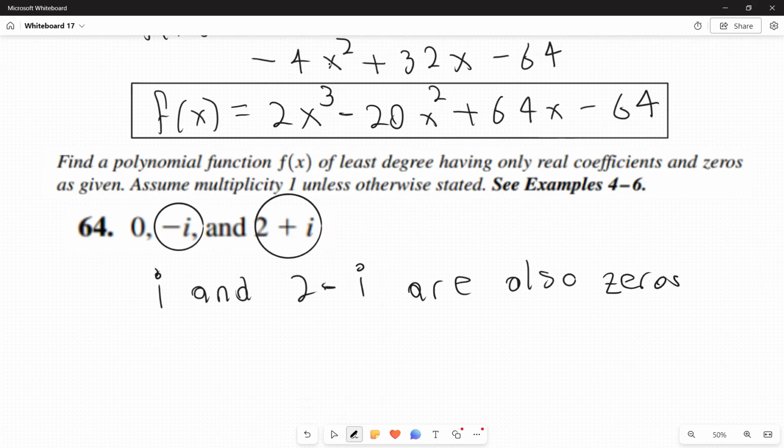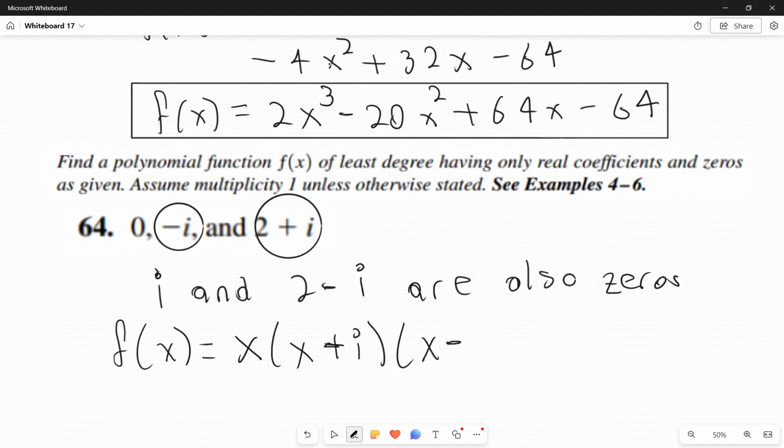And it doesn't say anything about the leading coefficient. So if it doesn't tell you any other condition, it's safe to assume that the leading coefficient is 1. So we have some information. We know that f of x is going to be x, that is, x minus 0 is a factor, x plus i is a factor, and x minus i is a factor.